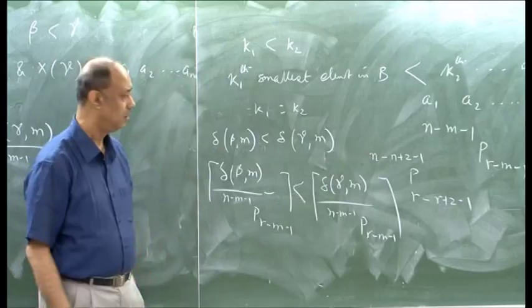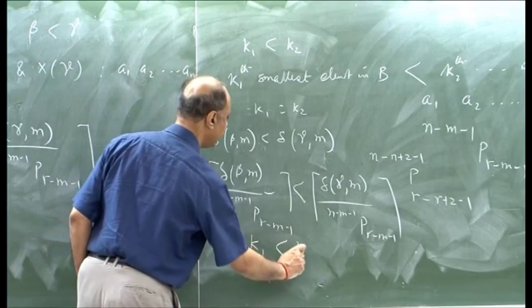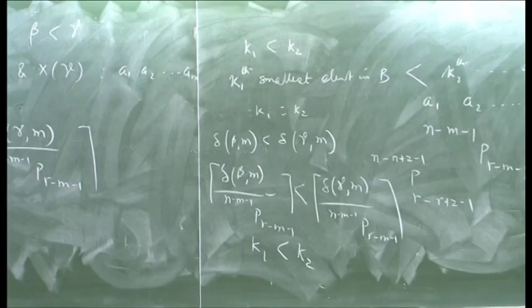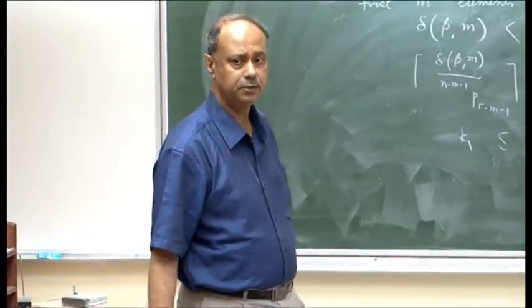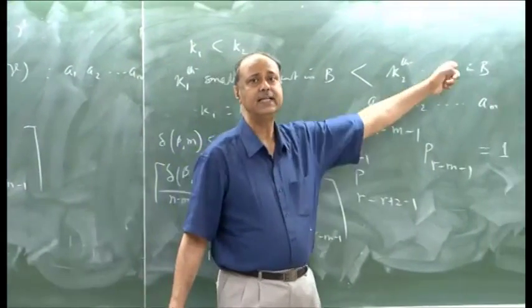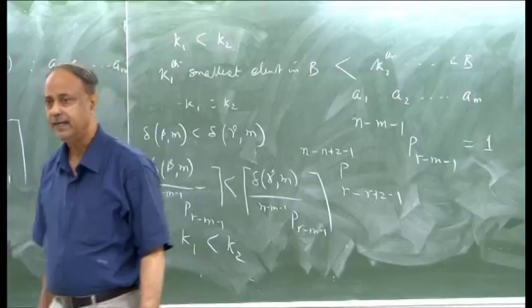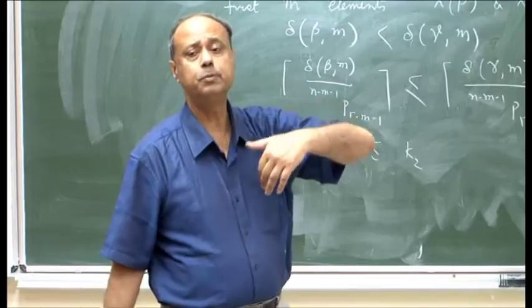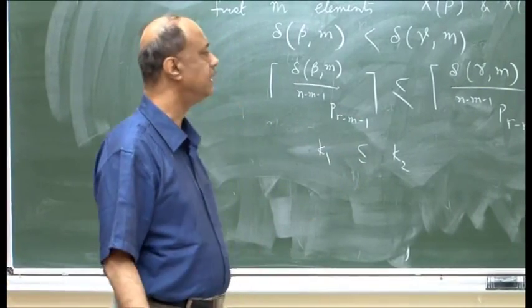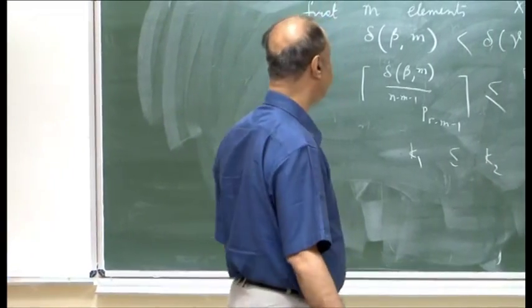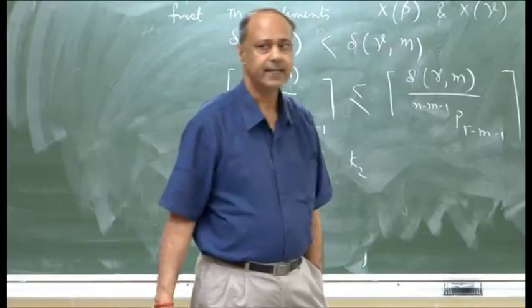I have shown that this is 1. So this K1 is less than K2. That means K1, the smallest element in B, is less than K2, the smallest element in B, at least in the last capital R case, this will be defined. And so that will prove that they obey the lexicographic computation. That means X beta precedes lexicographically X gamma.